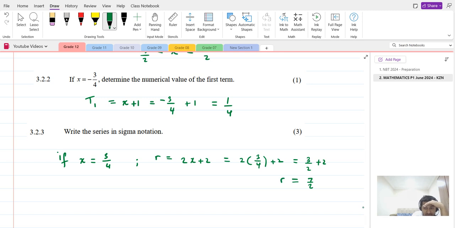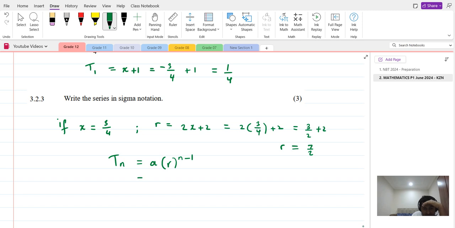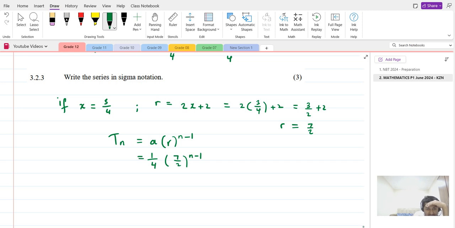So the value of r is 7 over 2. We know the Tn formula is a r to the power n minus 1. The value of a was a quarter. r is 7 over 2 to the power n minus 1, Tn. And now we can write the series in sigma notation.